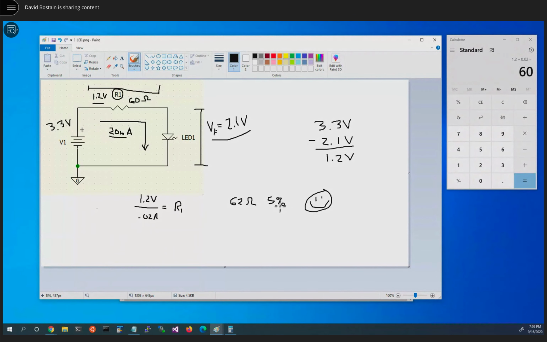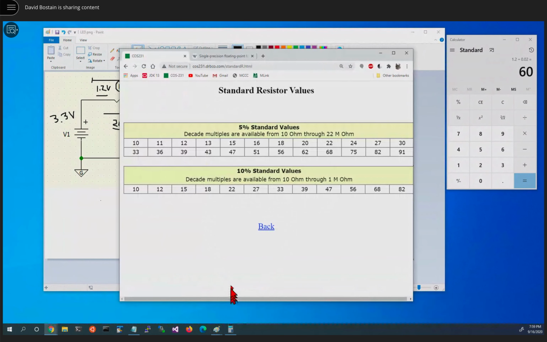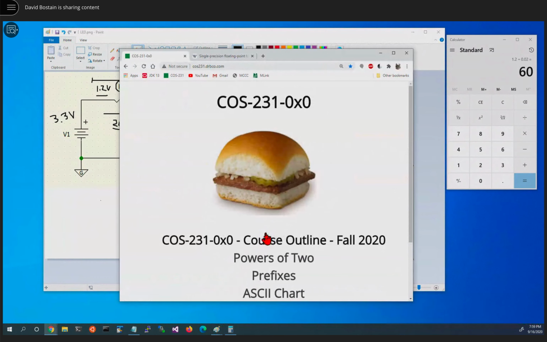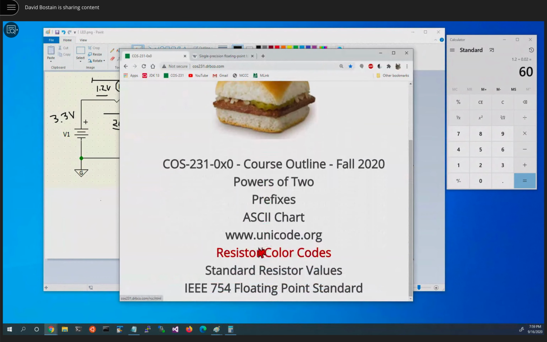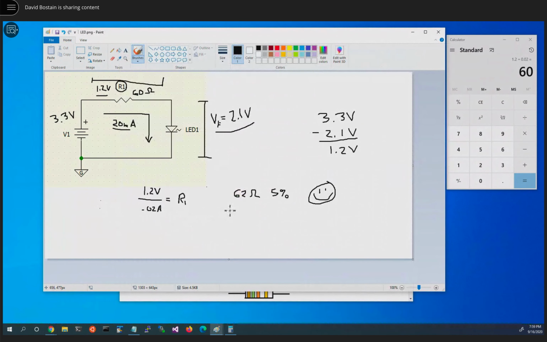Okay, so with 62 ohms, what's the color code we need for that? Six is blue, 2 is red. So blue, red.